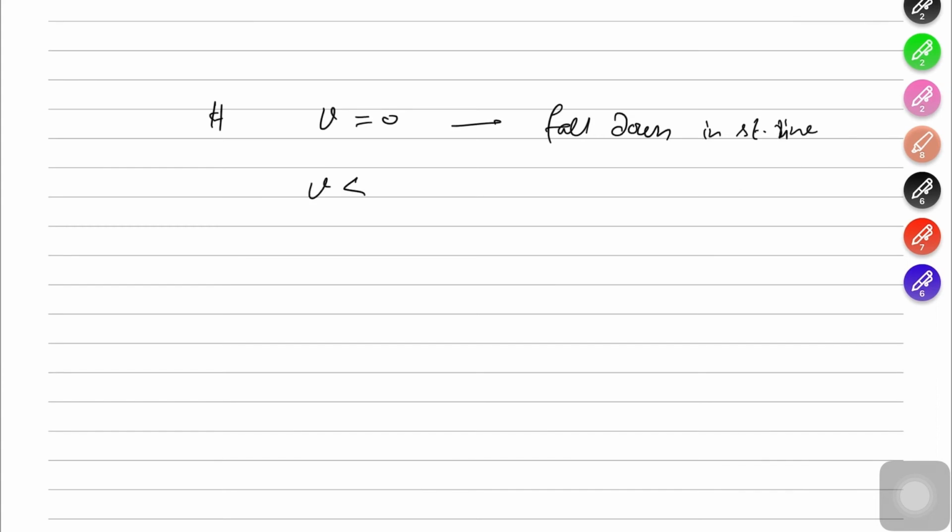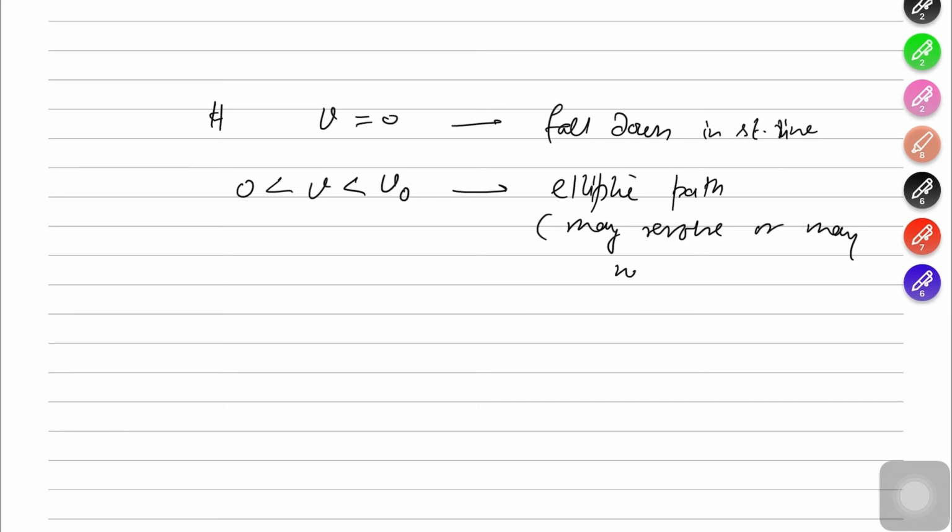If velocity is greater than 0 and less than the orbital velocity, it will follow an elliptic path. And mind it, it may revolve or may not revolve around earth.